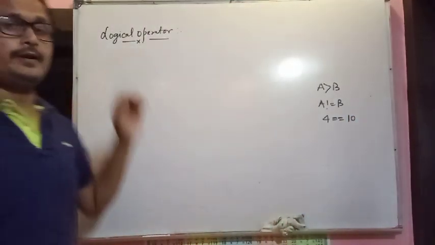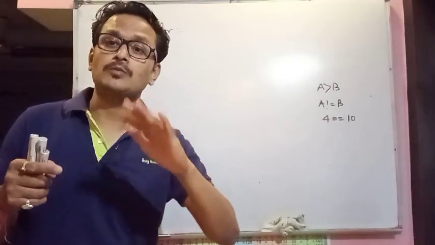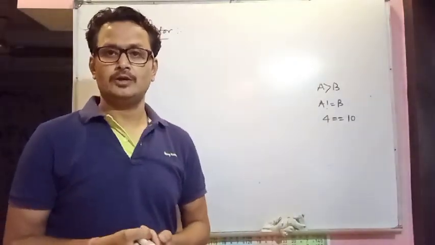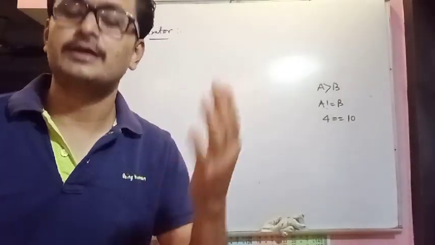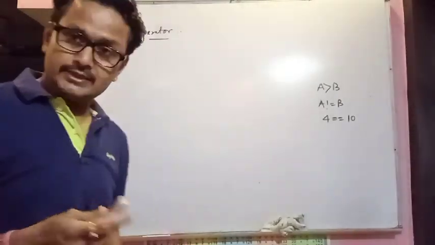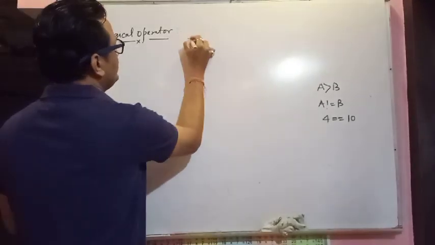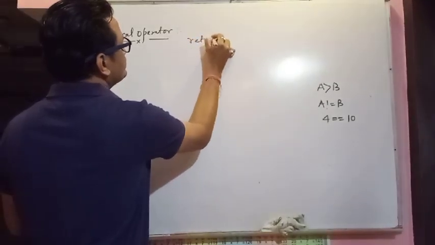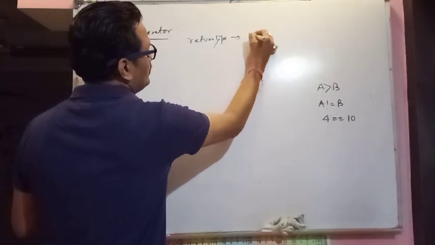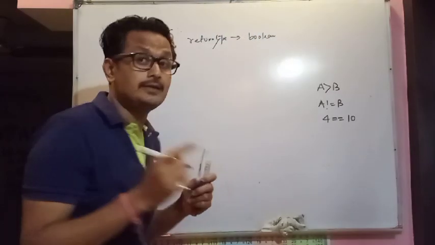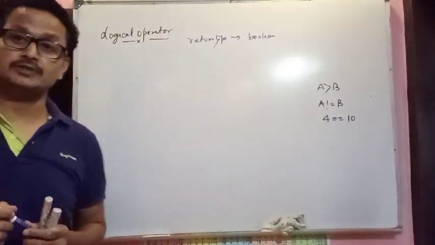In logical operator, it will check one or more than one condition. Logical में क्या check करेगा? It will check one or more than one condition. The return type of logical operator will be Boolean, just like a relational operator.